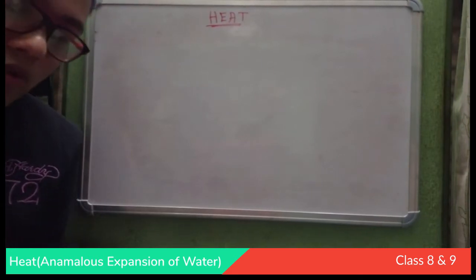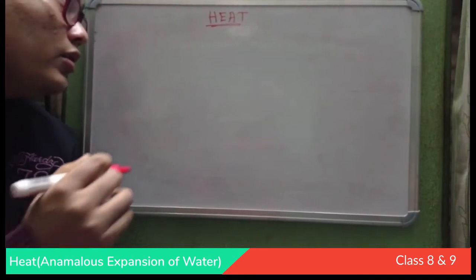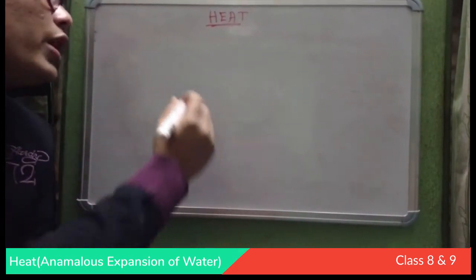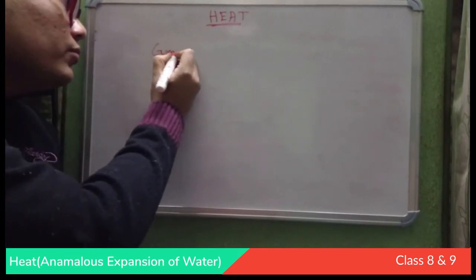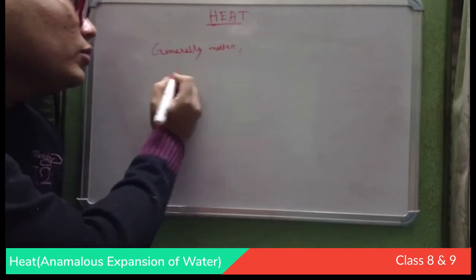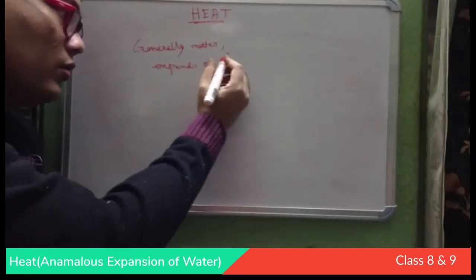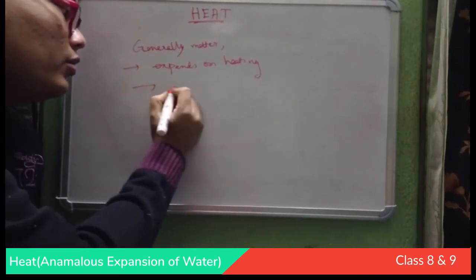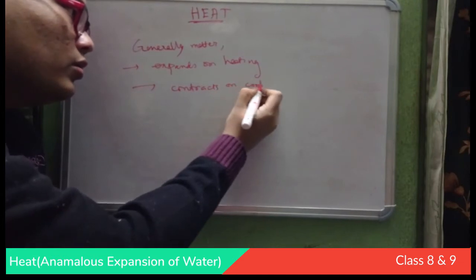So in my previous two videos I had been discussing the chapter heat. I had discussed the topic thermal expansion in my previous video. According to it, we came to the conclusion that generally matter expands on heating and contracts on cooling.